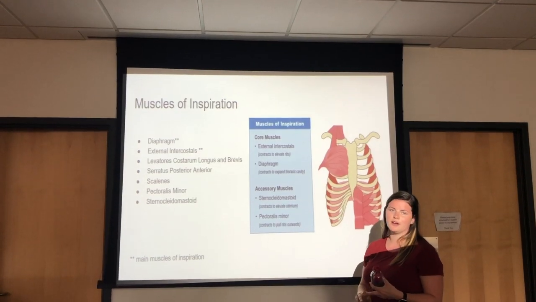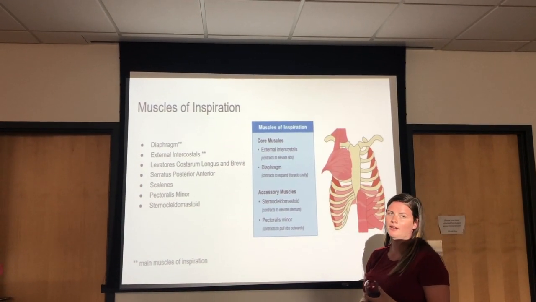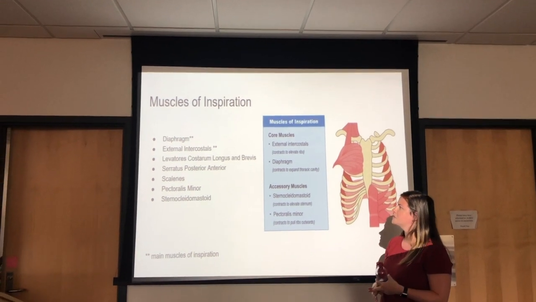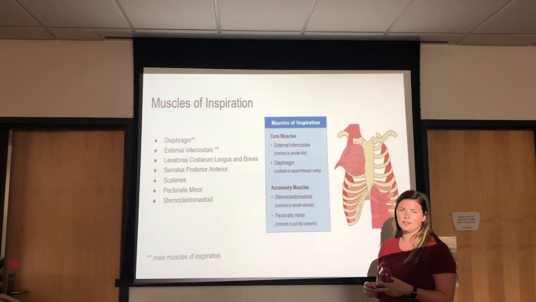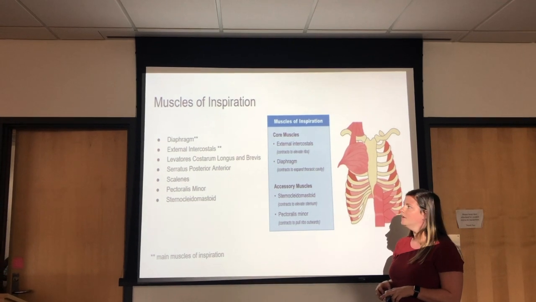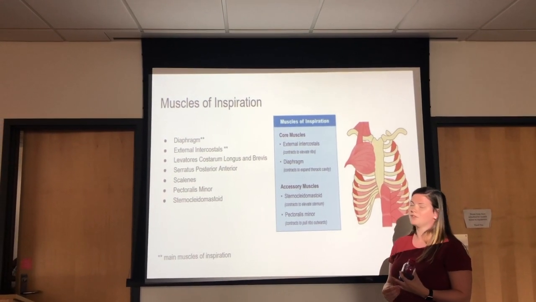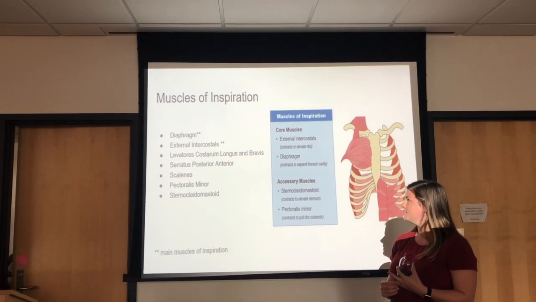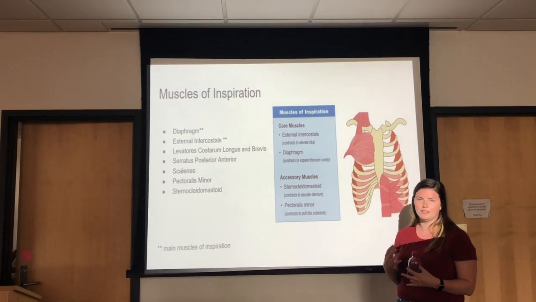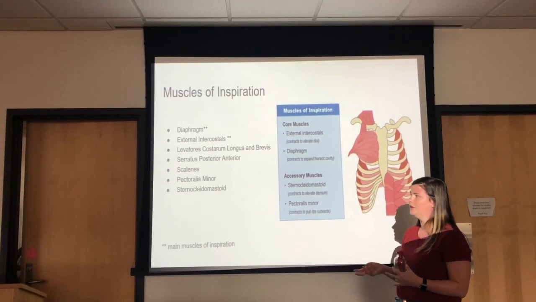Okay, so next we're going to talk about the muscles of inspiration. The diaphragm is the main muscle of inspiration, and it contracts to expand the thoracic cavity. The external intercostals also help force inspiration, and they contract to elevate the ribs to expand the thoracic cavity.